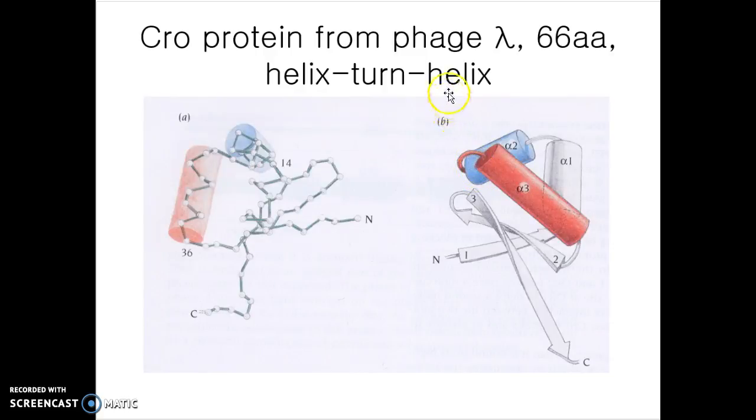The Cro protein from phage lambda showed this kind of structure, having a helix-turn-helix.